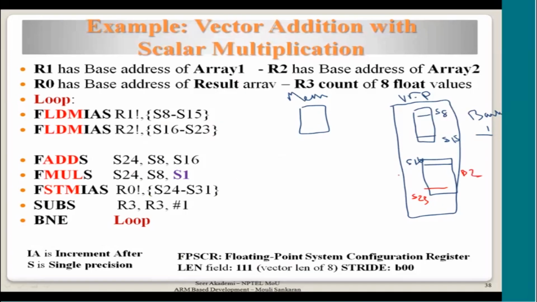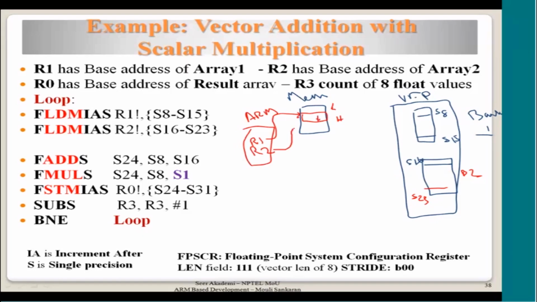Okay, now it is copied from, see, ARM is here, and then 2 registers R1, R2 are there. R1 is pointing to some location. From that address, increment after. Suppose this is lower address and this is higher address. It is incremented and then it is fetched.